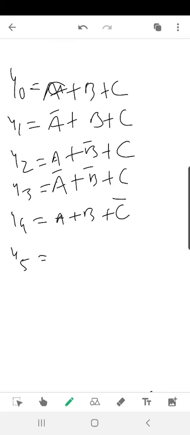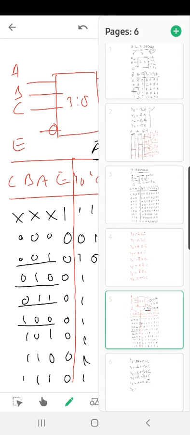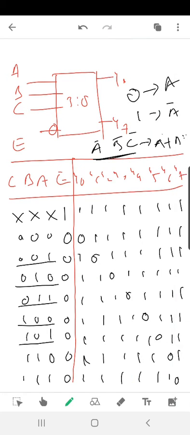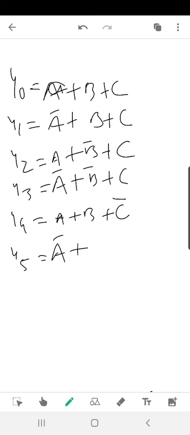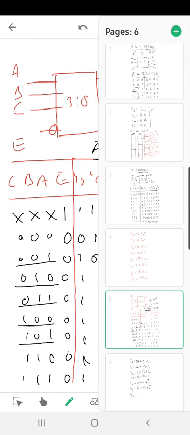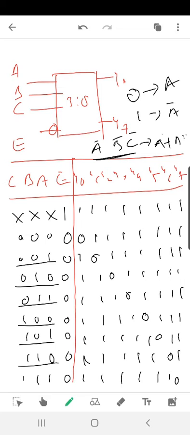For y5 we have 101, so we will write it as a complement plus b plus c complement. For y6 it is 110, so we will write it as a plus b complement plus c complement.